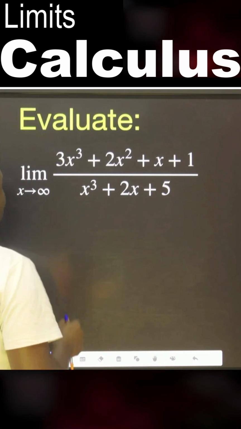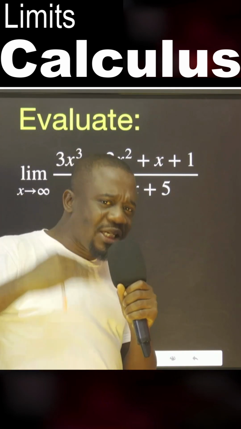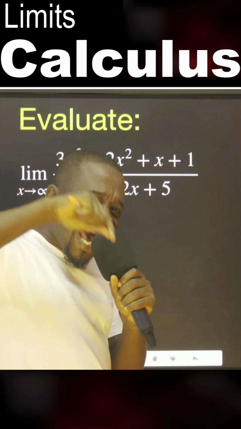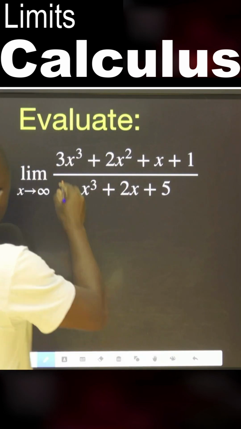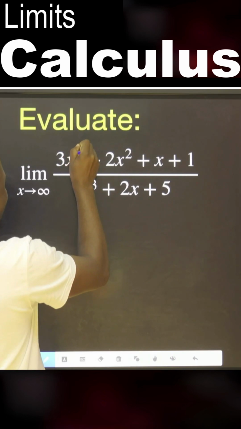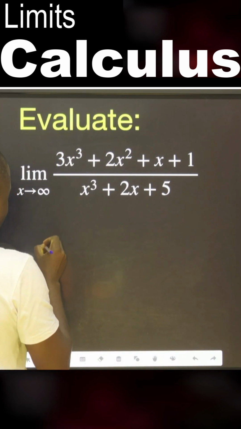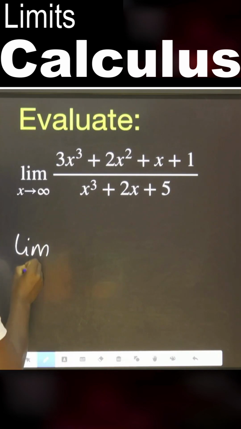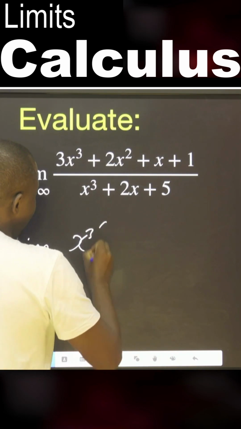So what I'm going to do now, I will make sure that I find a way whereby s will be at the denominator, so that when I replace s with infinity, that particular term will be 0. So that's what I will do here now. To do that, I will bring out this guy because they are the same. I will say this raised to the power 3.